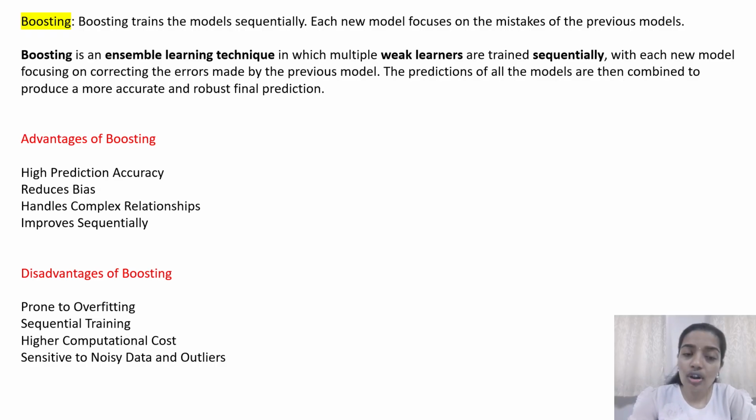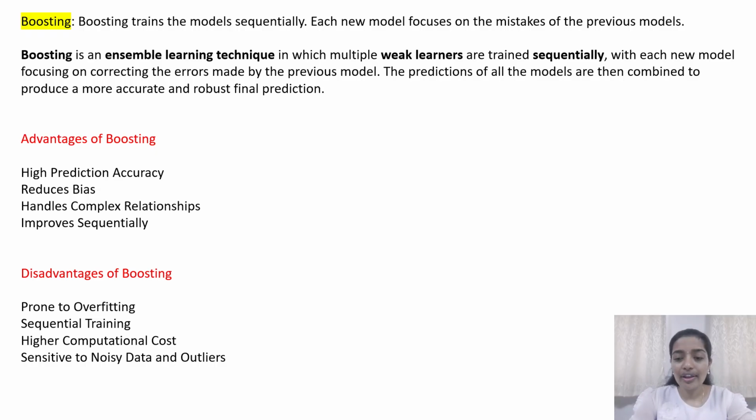In the last video also I have mentioned that bagging is faster as compared to boosting. This is the reason, because we train the models sequentially, and while training them sequentially, it becomes slow. Let us say we have 5 models, each model takes 5 minutes.